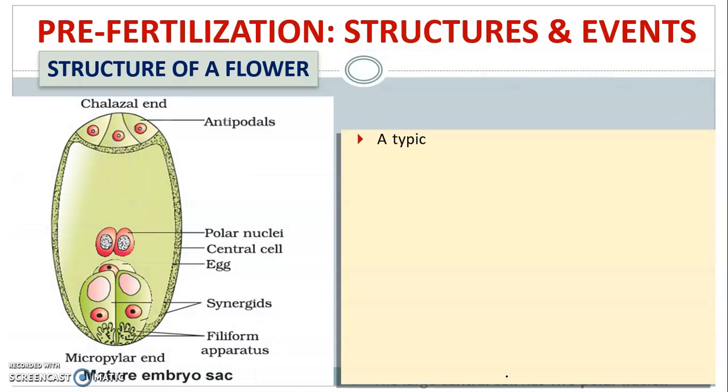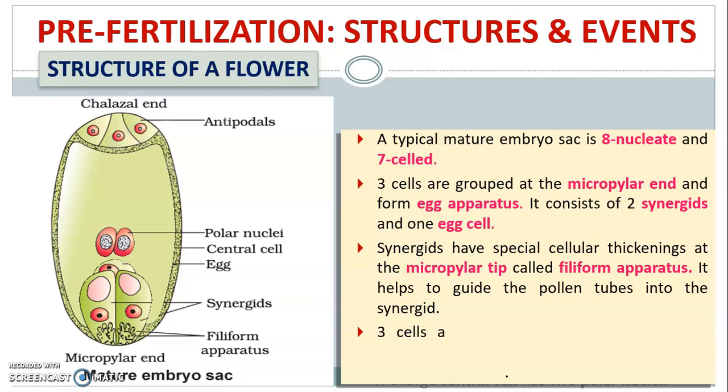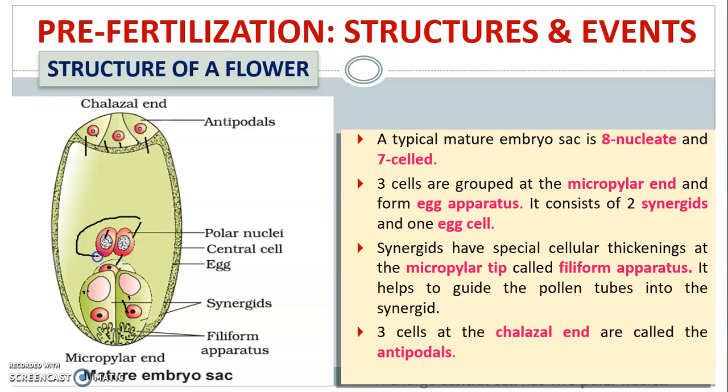Now look at this diagram. This is the condition, the 8 nucleate and 7 celled stage, which means 1 2 3 4 5 6 7. Total nuclei are 8, but the cells are 1 2 3 4 5 6, and this is the combined cell, the 7th cell. So this is known as the 7 celled 8 nucleate stage, right?